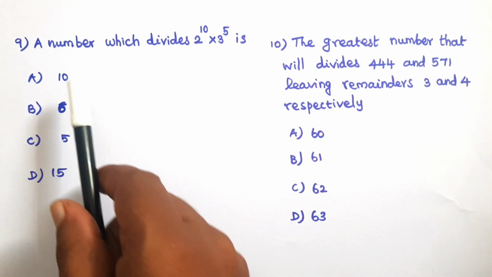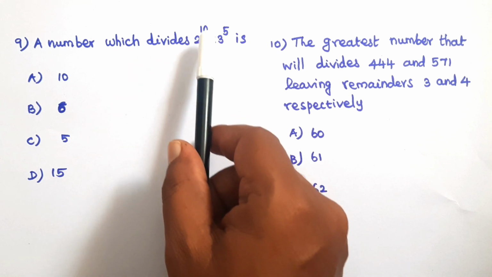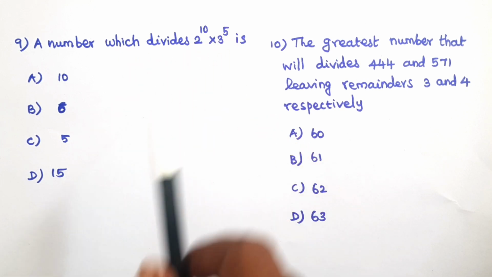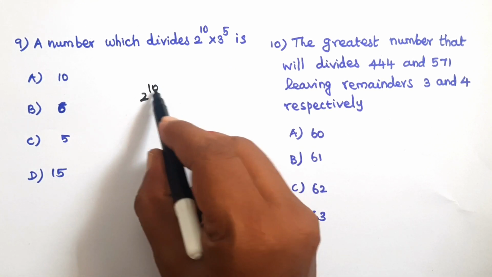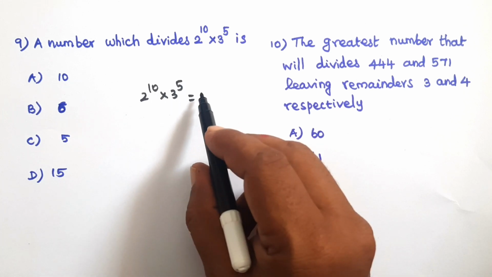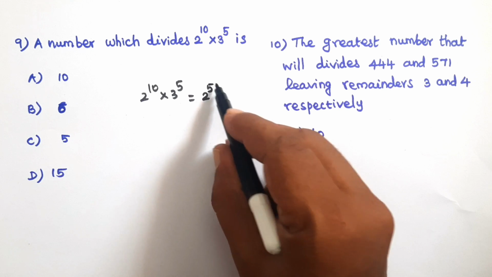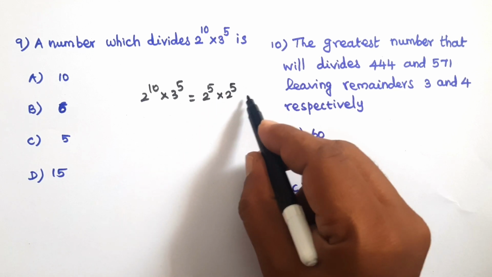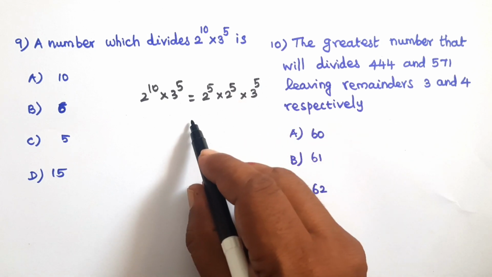Next, question number 9. A number which divides 2 power 10 into 3 power 5 is to be found. 2 power 10 into 3 power 5. 2 power 10 is split in the form of 2 power 5 into 2 power 5, into 3 power 5.